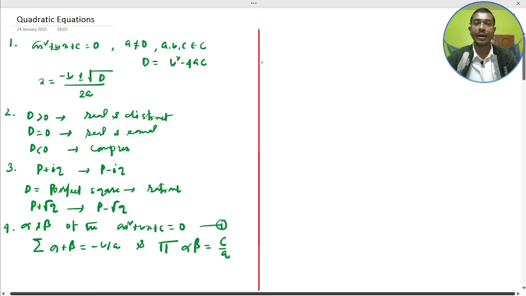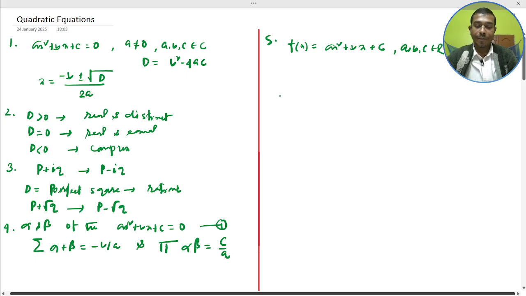Very important for JEE Advanced: suppose f(x) is defined as ax square plus bx plus c, where a, b, c belong to R and also a not equal to 0.